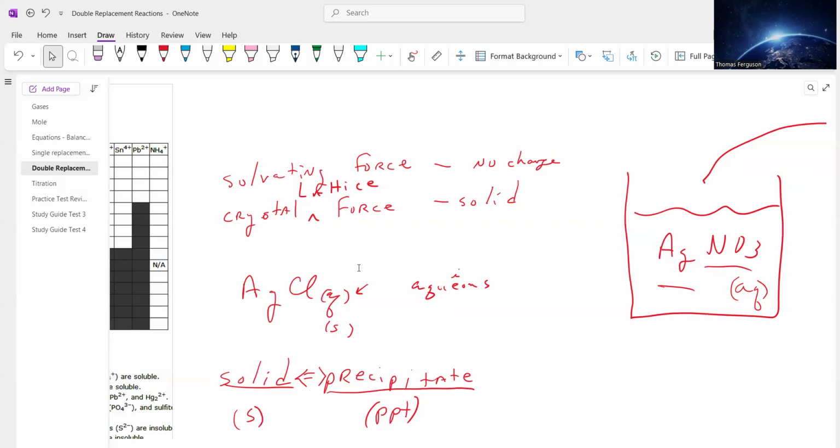In the case of sugar and water, the solvating force is stronger, so it pulls the sugar out of the crystal. So those are the two competing forces. Crystal lattice force is not affected by temperature. Solvating force is. In other words, hot water dissolves more sugar than cold water because the solvating force is increased by temperature.